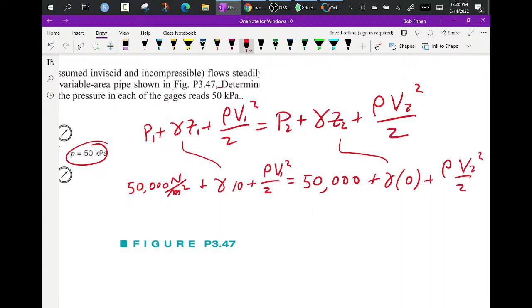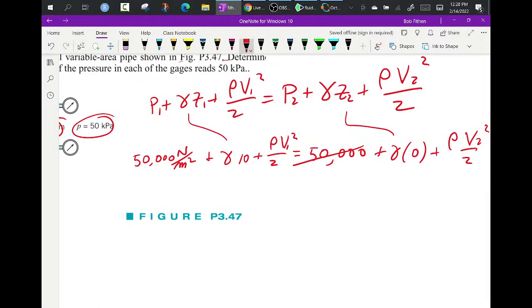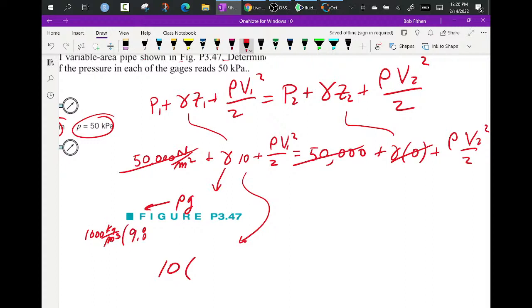So guess what happens here? That cancels that. That goes away. So what you end up with is 10 times, and I will tell you that's rho times G, which for water is 1,000 kilograms per meter cubed. G is still 9.81 meters per second squared.